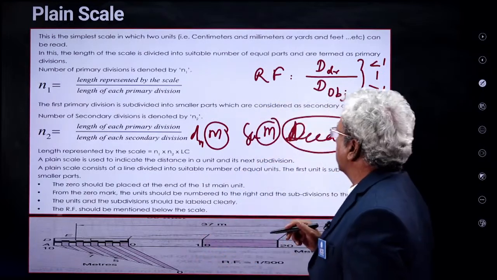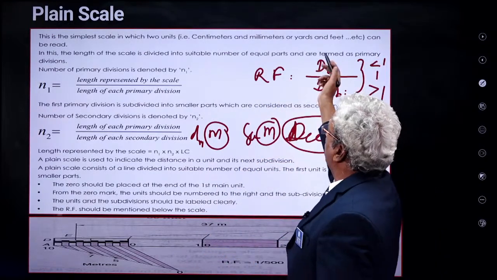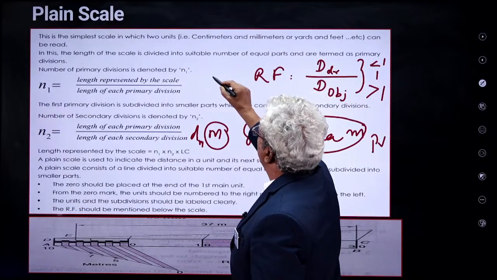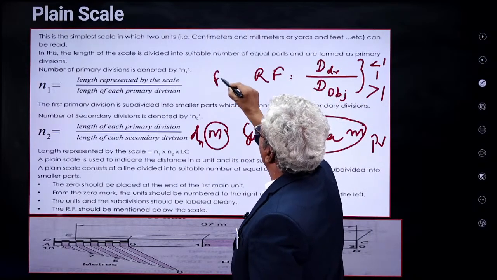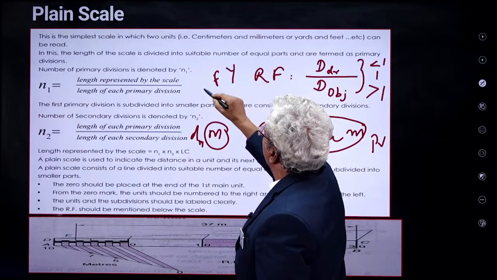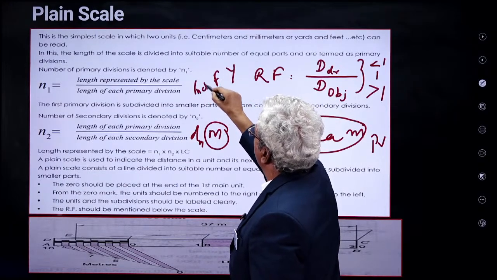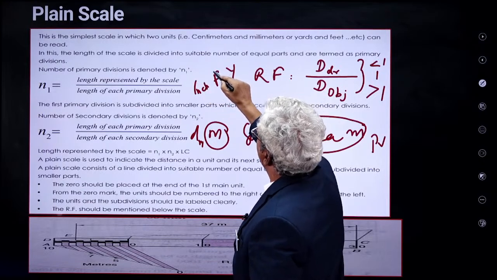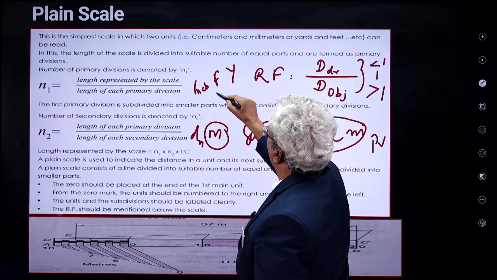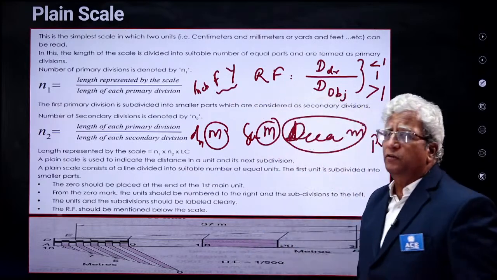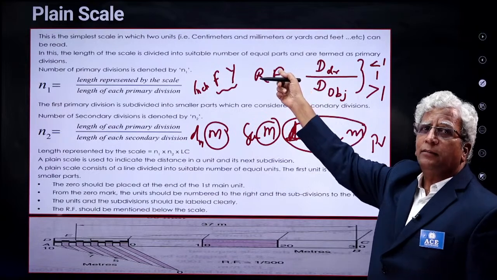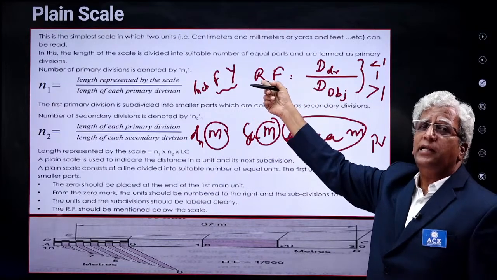Okay, like that. Even if it is other systems, in the FPS system, you see feet, yard, inch. Okay, 12 inches make 1 foot and 12 feet make 1 yard. So if you are writing for the 2 sequential units of feet and yards, yards are bigger. That is primary unit.